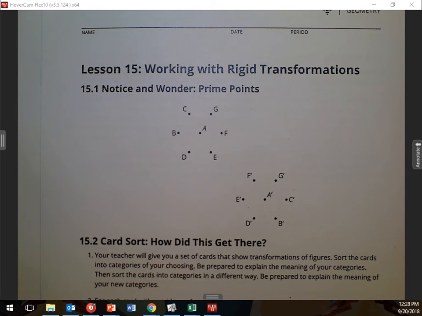I noticed. I need a pencil. How does it make a circle with a dot in the middle?